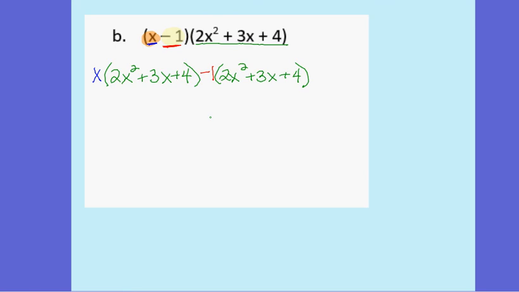Let's distribute, breaking out of the parentheses so I can find any like terms.